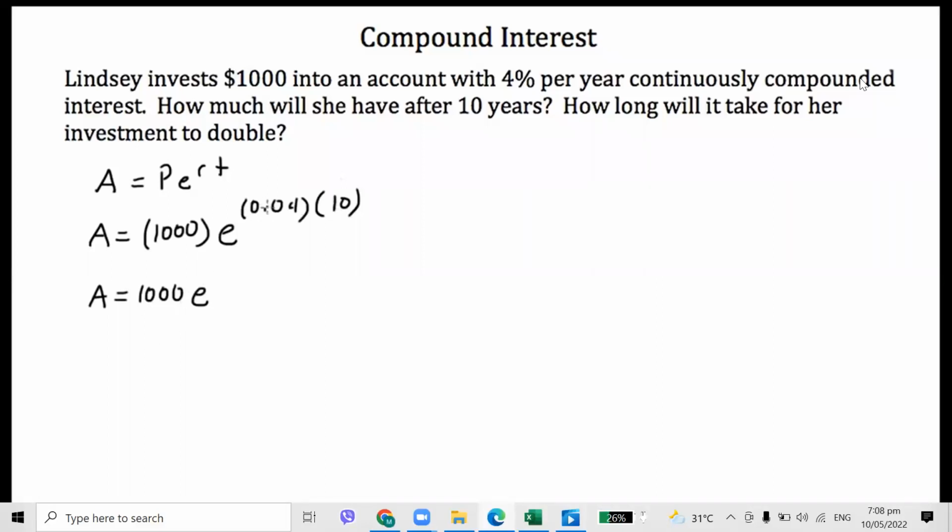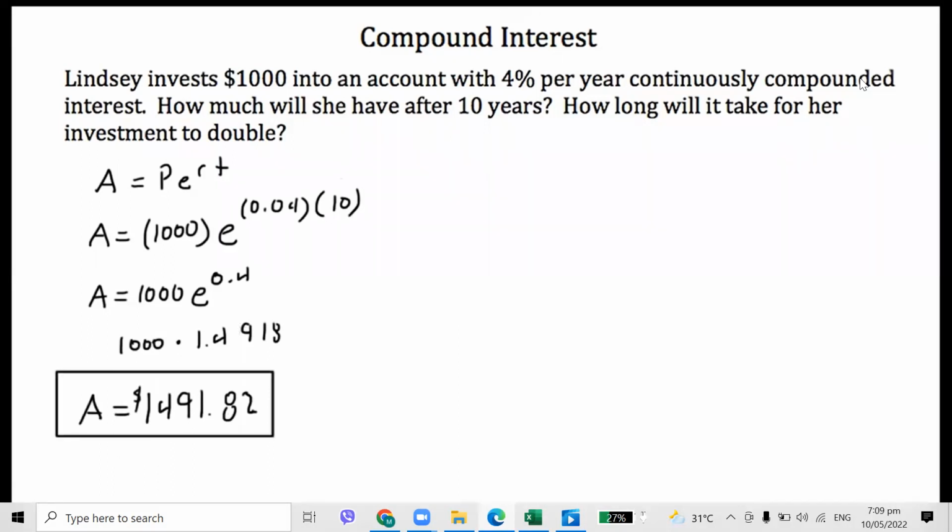Now 0.04 times 10 is the 0.4 power. e to the 0.4 power, that's about 1.4918. Multiply that by 1,000, and the future value would be 1,491 and about 82 cents. So if her account is continuously compounded at 4% per year, her final account balance after 10 years is $1,491.82.